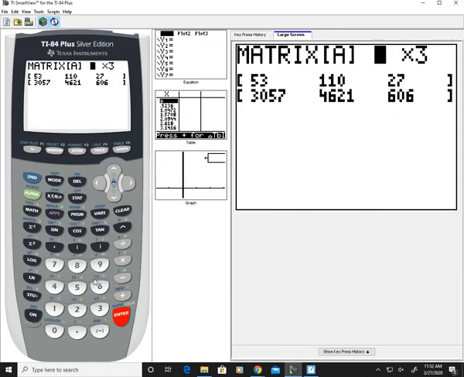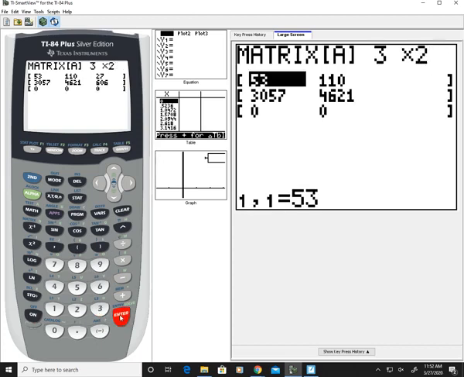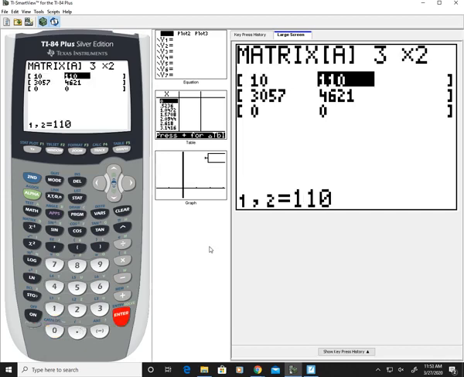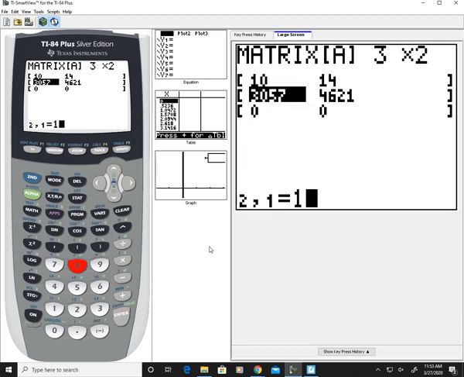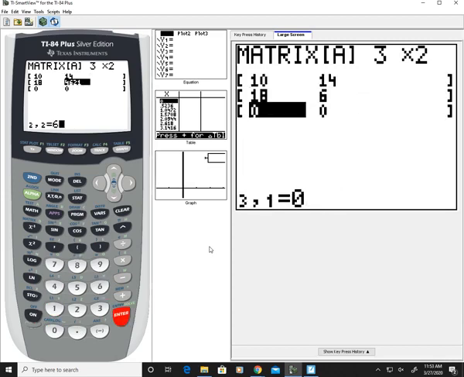And so I am doing a 3 by 2, and I get 10, 14. Then I'm just going to check that I got that in there. Yep. I'm going to quit.